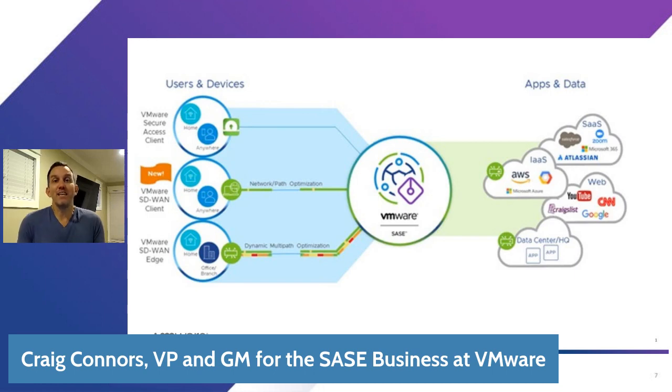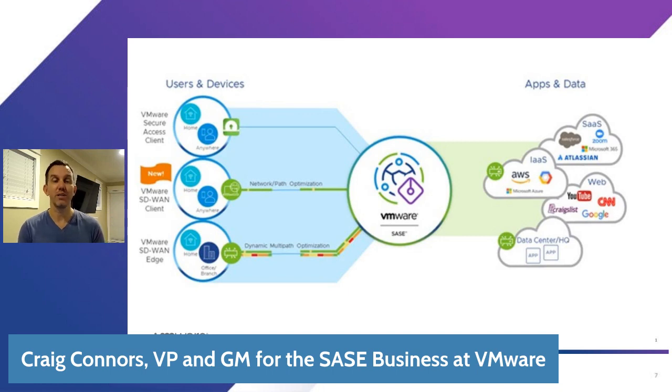But that's not the only problem that we had with the traditional remote access VPNs, right? If we think about SD-WAN, and the challenges that SD-WAN set out to solve in the branch office, there were things like network complexity. How do I simplify the network connectivity for my users? How do I optimize poor quality connectivity in the last mile?